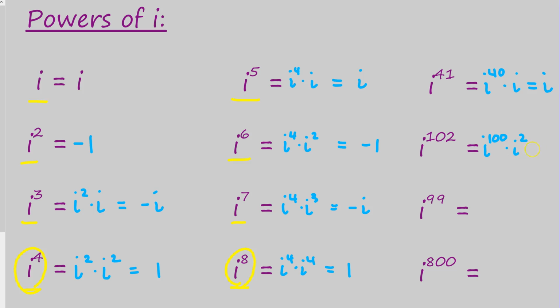So we have 1 times i squared, so that's going to be -1. i to the 99th, well, we could think of that as i to the 96th times i to the third, and i to the 96th is going to be 1, so i to the third is just -i. i to the 800th, 800 is a multiple of 4, so that's just 1.